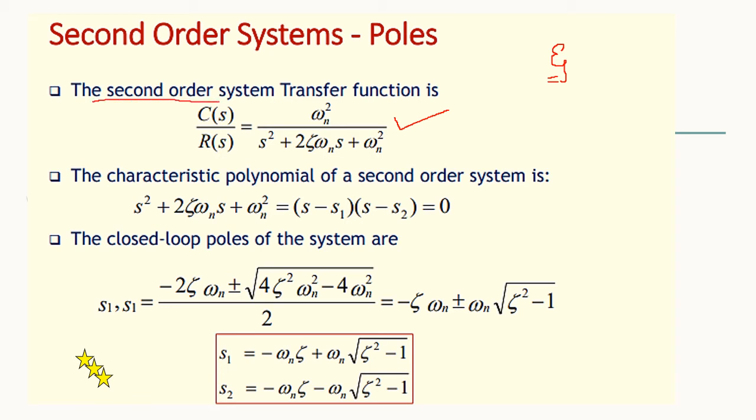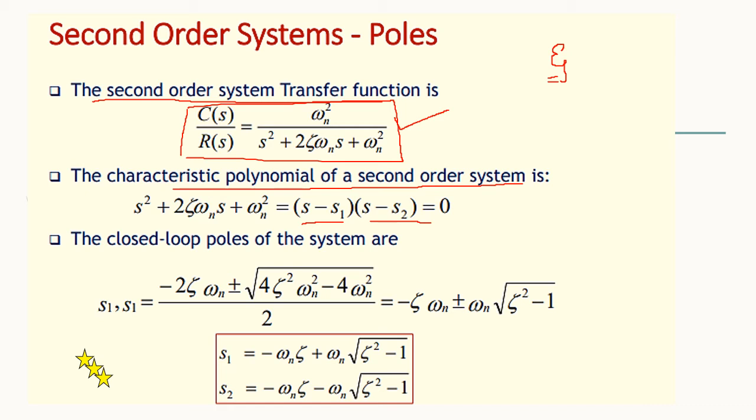The second order system transfer function is C of s divided by R of s is equal to omega n square divided by s square plus 2 zeta omega n s plus omega n square. Now the characteristic polynomial of the second order system is s minus s1 into s minus s2, because there are two orders, so there will be two roots.